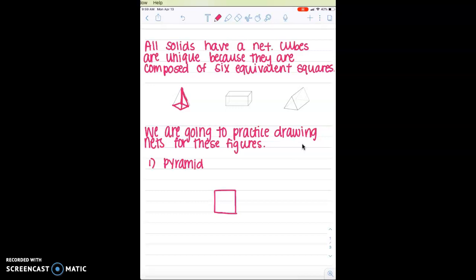So now I'm going to draw one triangle coming off of each side of the square. And that is what your net would look like for a square pyramid.